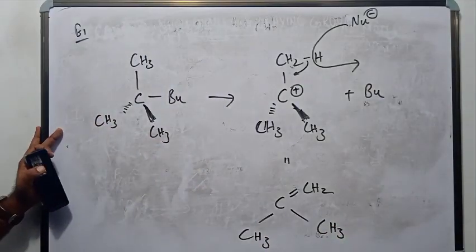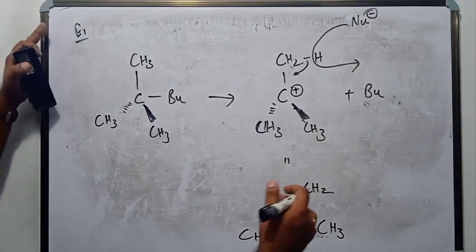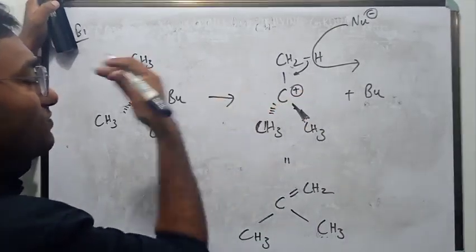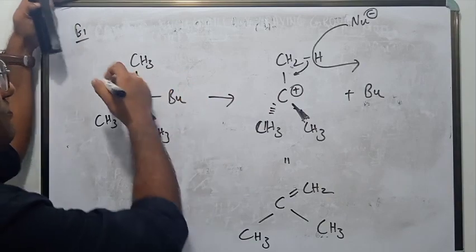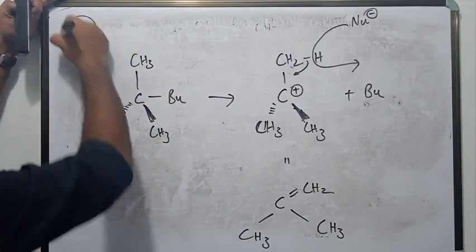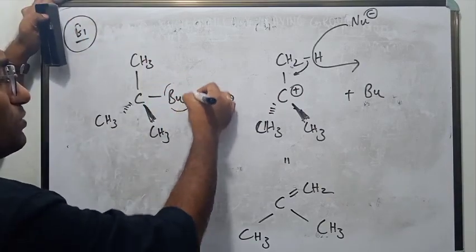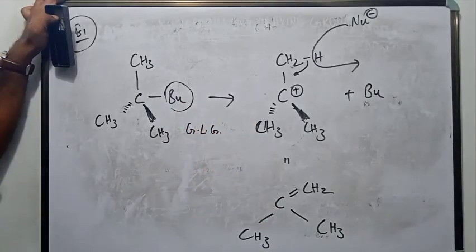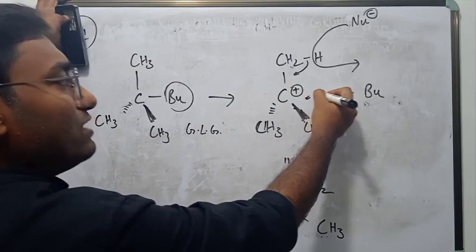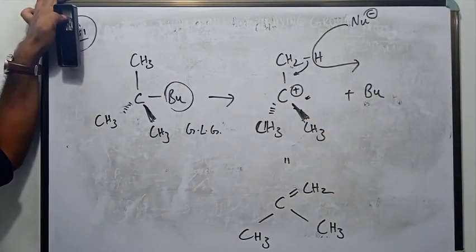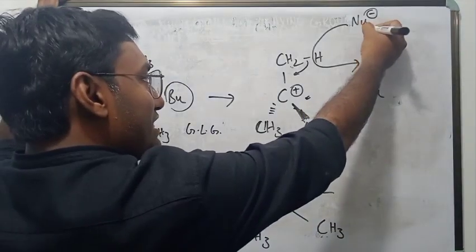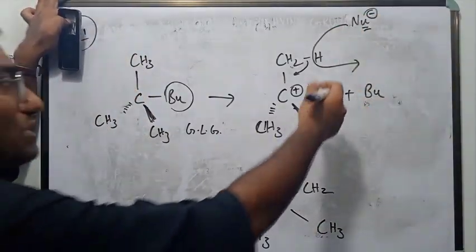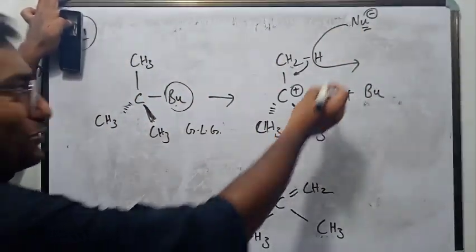So here what is happening, the carbocation is formed. What we are expecting here, if the reaction is to proceed through the E1 route, is that the leaving group should be a good leaving group. Only then will this carbocation be formed, correct? And the attacking nucleophile should be weak.